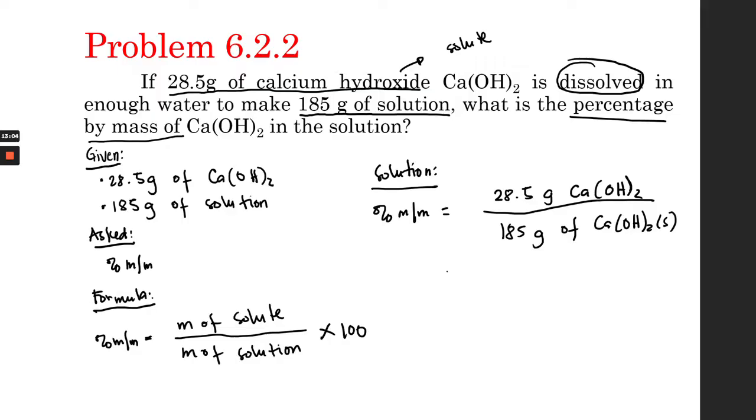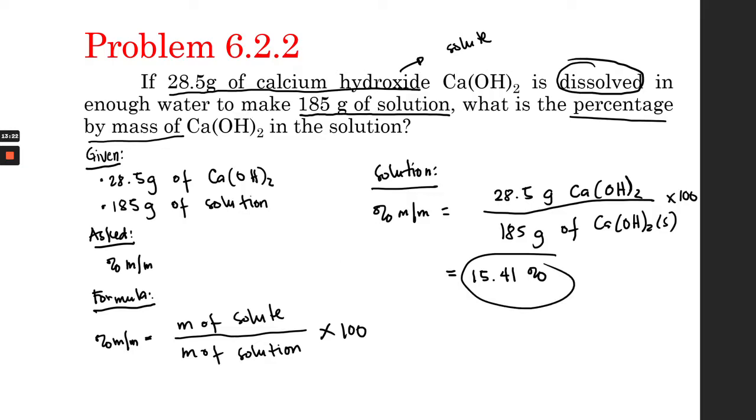Okay, so what we are going to get if we times 100, sorry, I always forget that, is 15.41%.